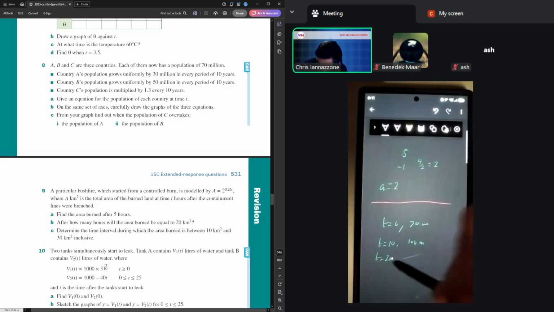T equals 20, you have 130 million. These are points you could plot and observe what that would look like. Does anyone know what this relationship is? What graph, what function best describes this? Rather, even just the function type.